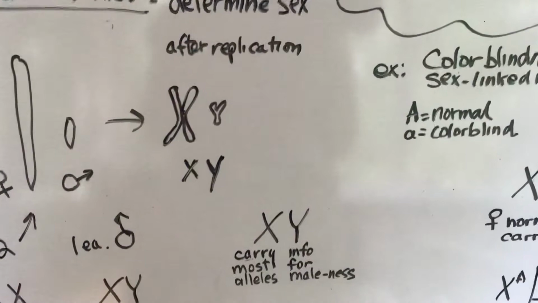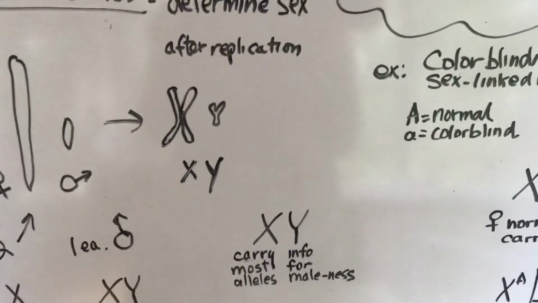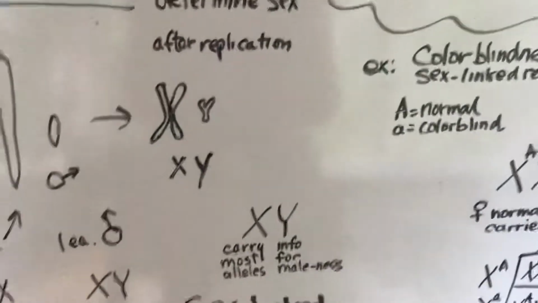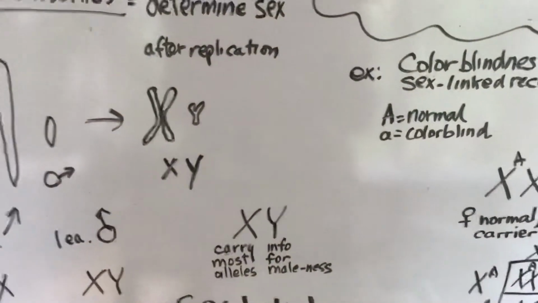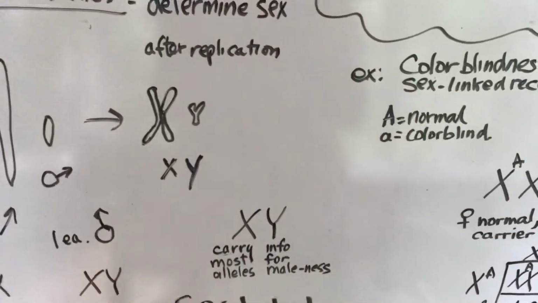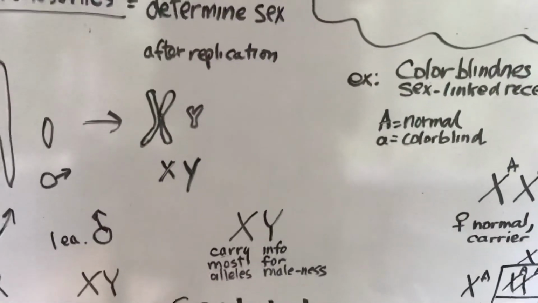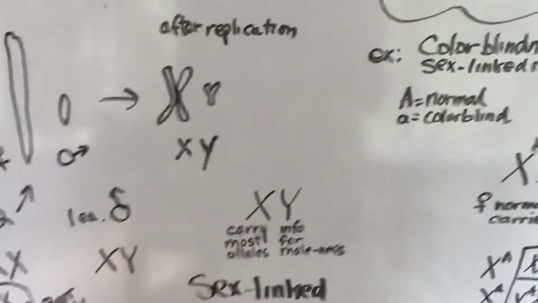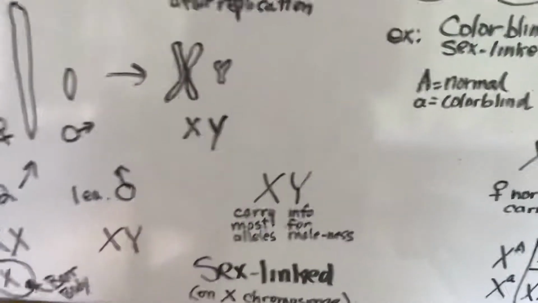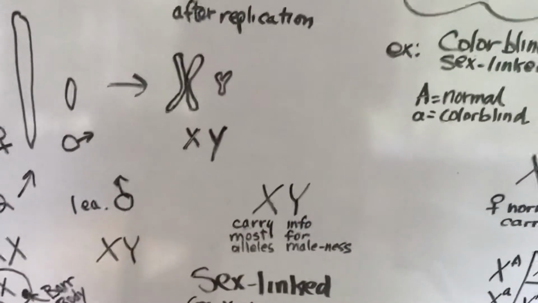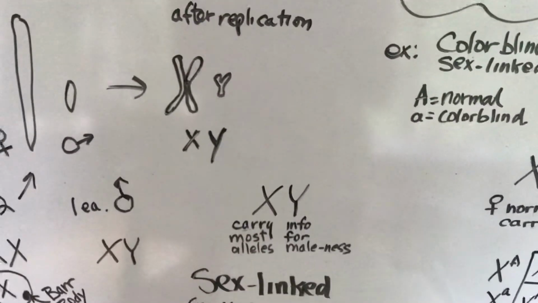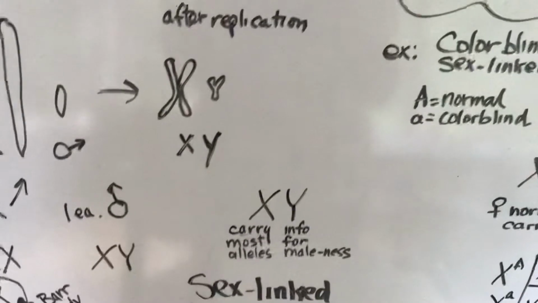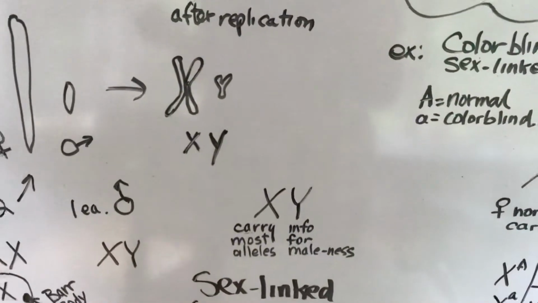That is, especially in utero, it's the one turning on the male hormones that is making that fetus an outie instead of an innie. Basically, all the parts that would be female parts, like the ovaries, are going to go out and become the testes of the male, and other structures also are going to be outward instead of inward. So basically, the Y chromosome is for that. The X chromosome is for the information.